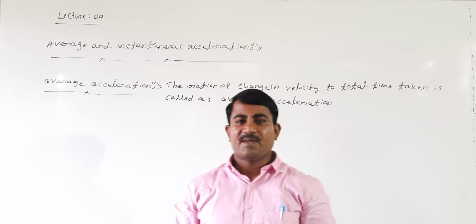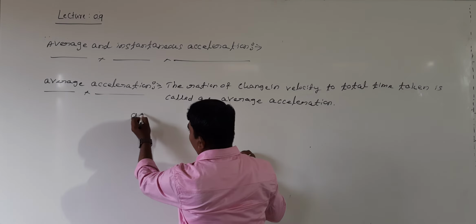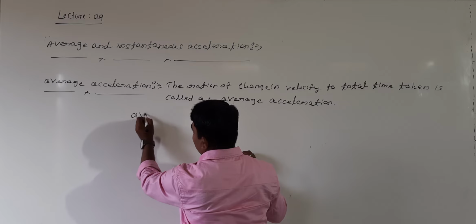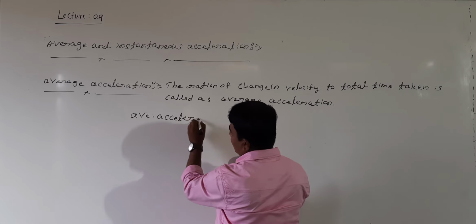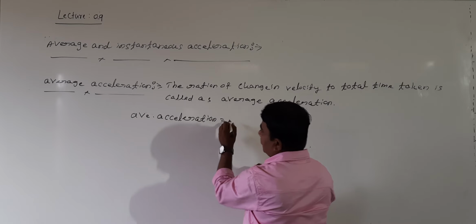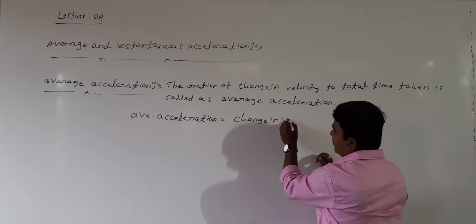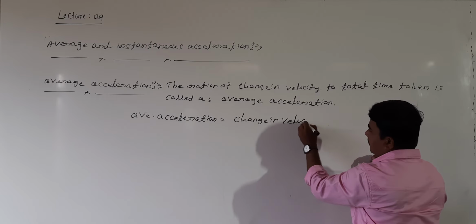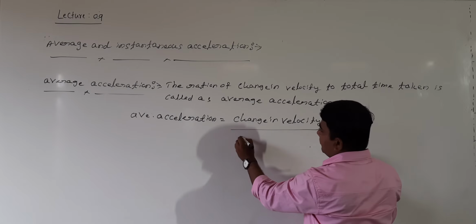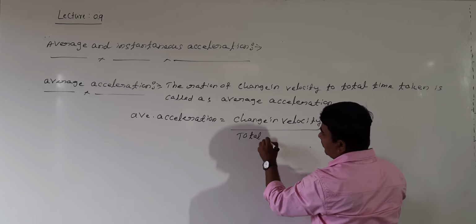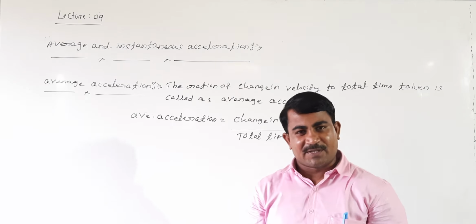Let's say directly the formula for average acceleration: average acceleration equals change in velocity divided by total time taken.